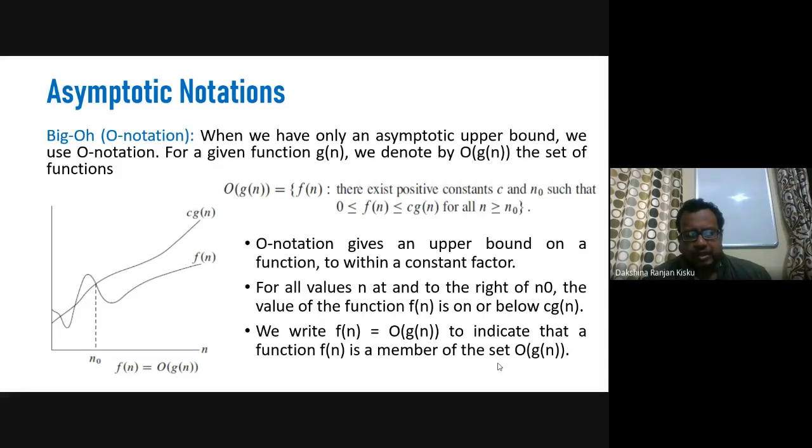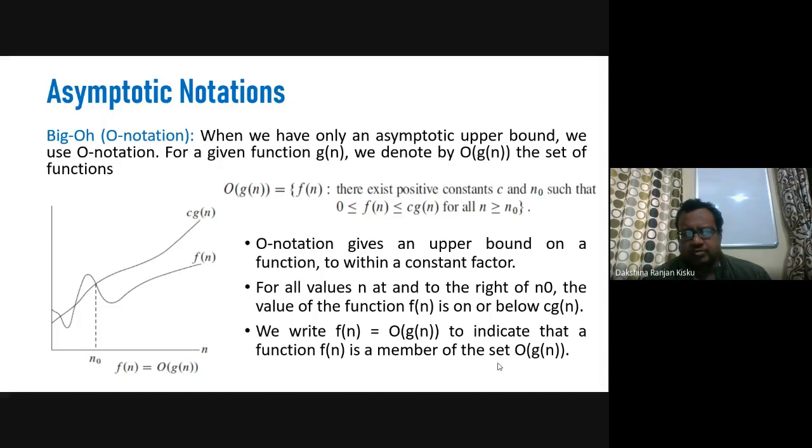So big O notation gives an upper bound on a function, to within a constant factor. Here c and n0 are positive constants.